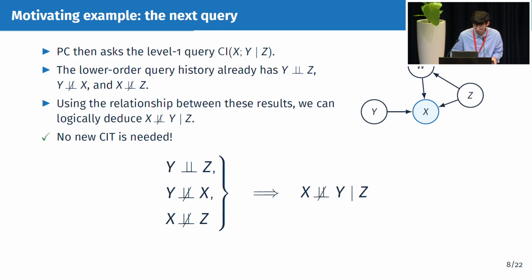You can use the logical relationships between conditional independence statements, which are governed by the graphoid axioms, and they already imply that x and y must remain dependent given z. In that way, we can determine the answer without looking at the data again. In other words, no new CIT is needed.